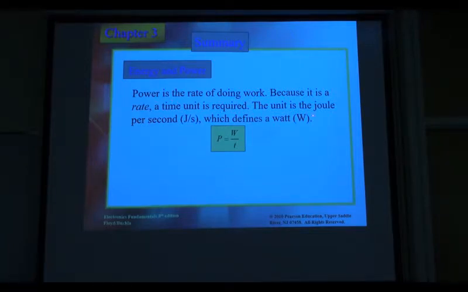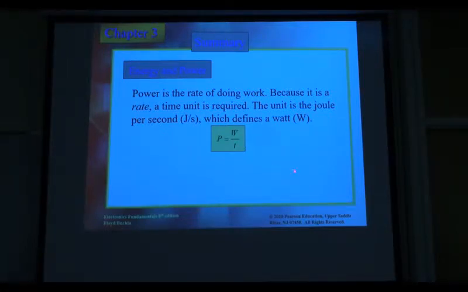So the unit is joule per second. That means how much work you can do in each second, which defines the watt. The watt is equal to joule per second. What is a joule? A joule equals Newton times meter. So the watt equals Newton times meter divided by second.